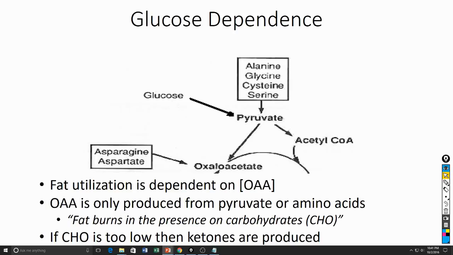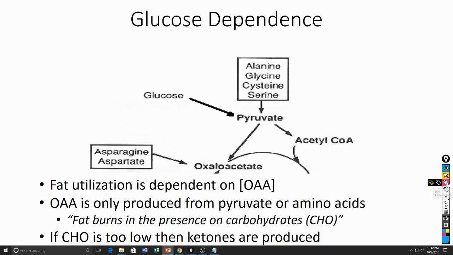What that means is that no matter how hard you want to just burn fat, and maybe cut out glucose so you can burn fat, you really can't effectively burn fat very well without some carbohydrates in your system. And the reason is that in order for the initial step of breaking down acetyl-CoA to function, you need oxaloacetate, OAA, to be in abundance.